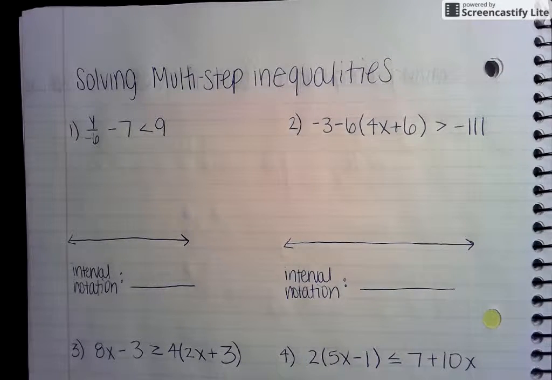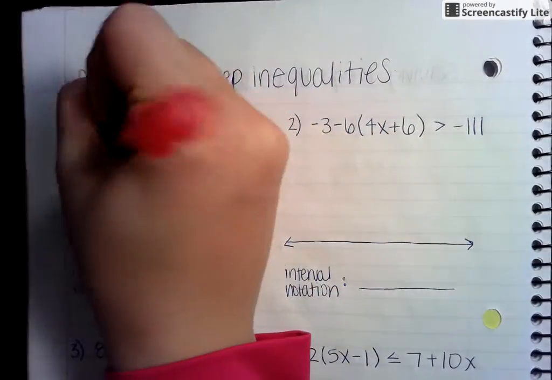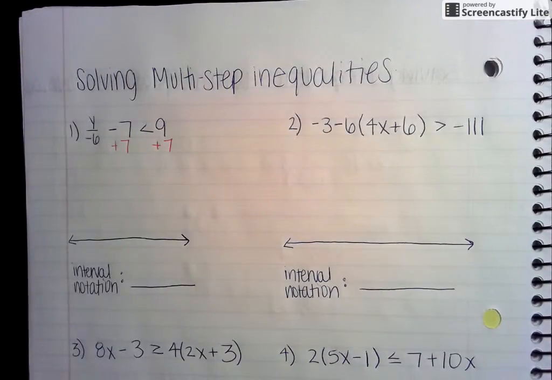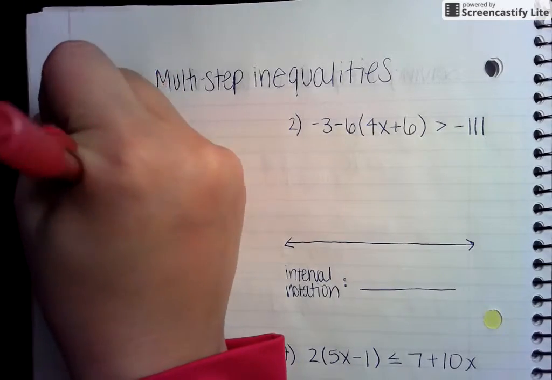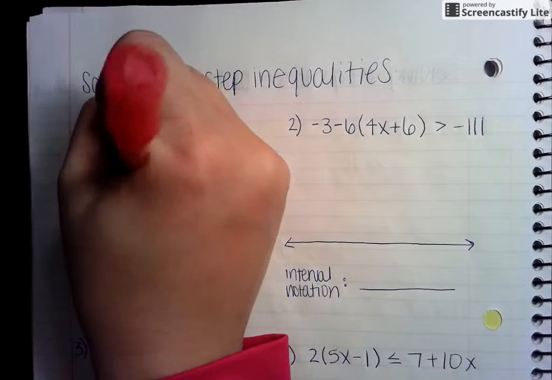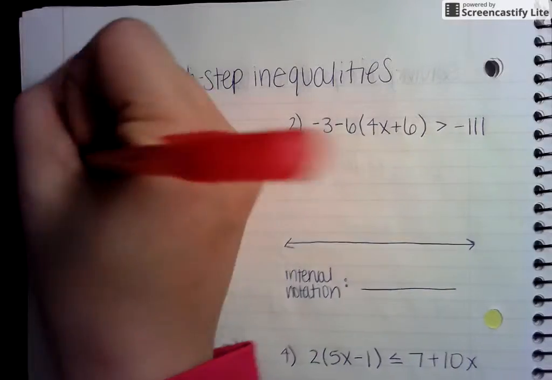So what we're going to do is we have to move that -7 first. So we're going to add 7 to both sides. So we're going to bring down the whole entire equation. So we have y divided by -6 is less than 16. Now, to get y by itself, we have to multiply by a -6.